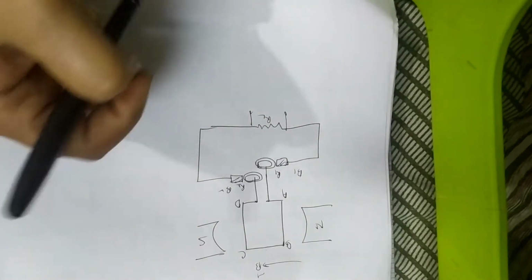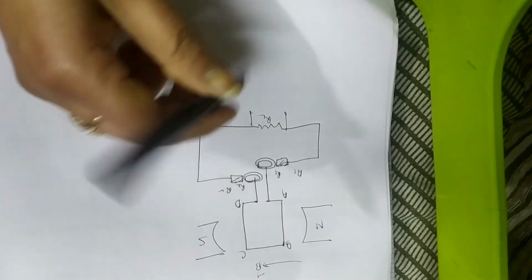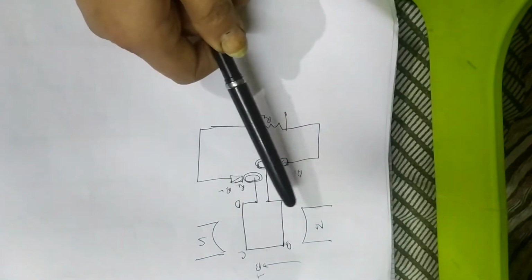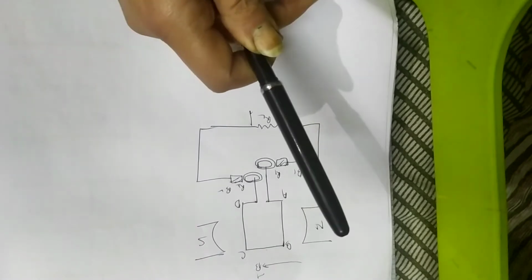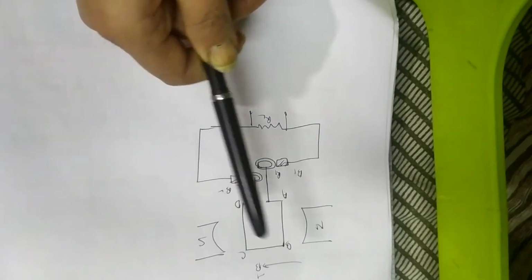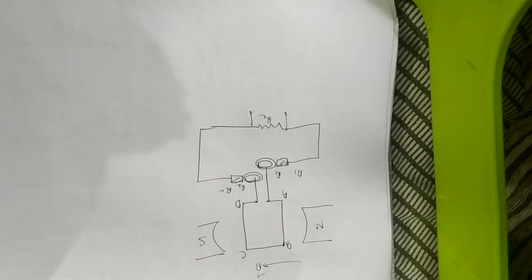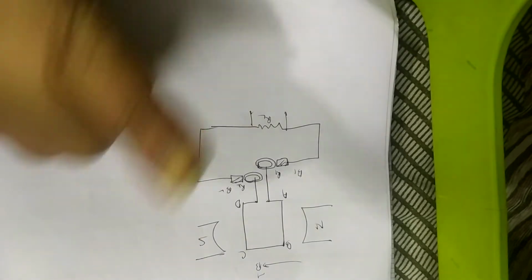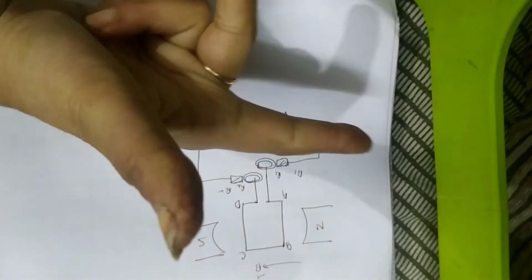Now, when you rotate the coil inside, suppose you move this arm in the upward direction and this one in the downward direction, then find the direction of induced current. We will use Fleming's right hand rule: thumb, forefinger, middle finger, we stretch them.